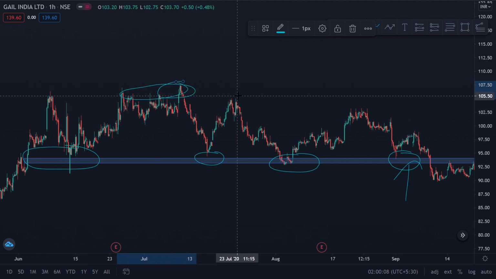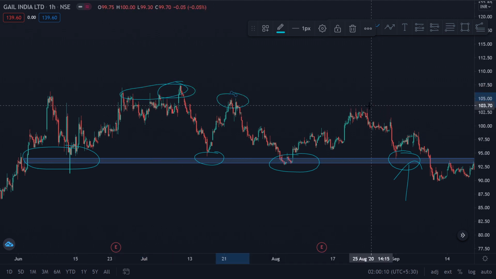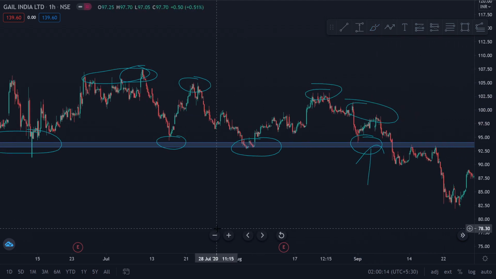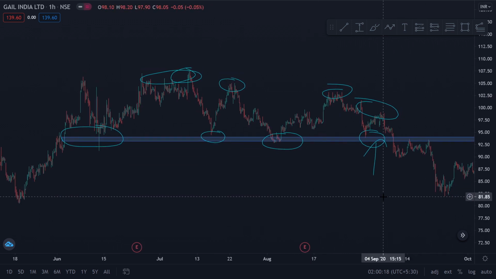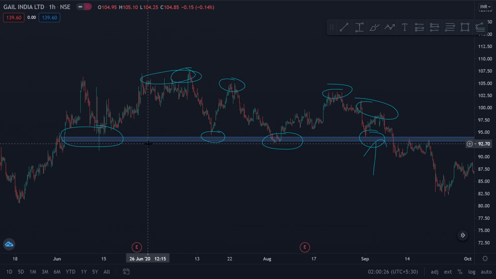This was the first high, this was the second high, and this was the third high, and the consequent highs were also lower and lower. This should have indicated to you that the buying pressure in the market is reducing, and this support is weak because it has been tested multiple times, and the highs being formed are also lower highs.